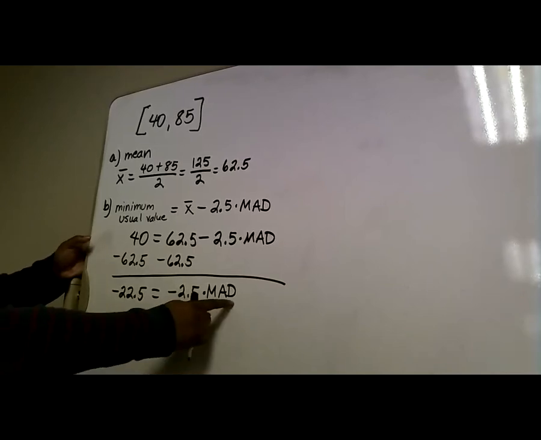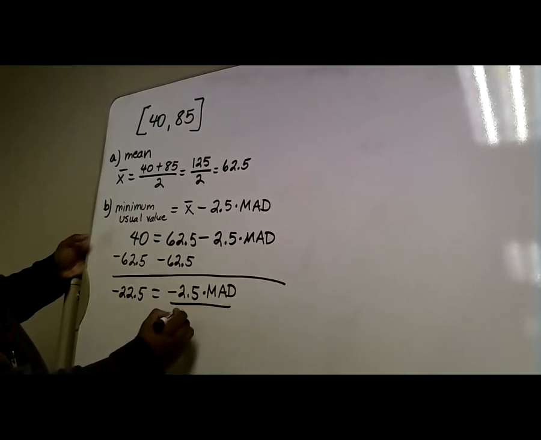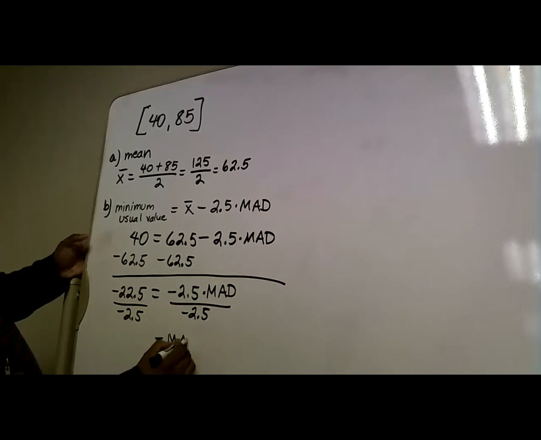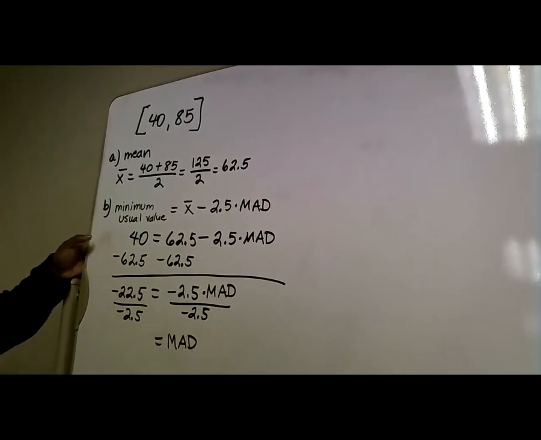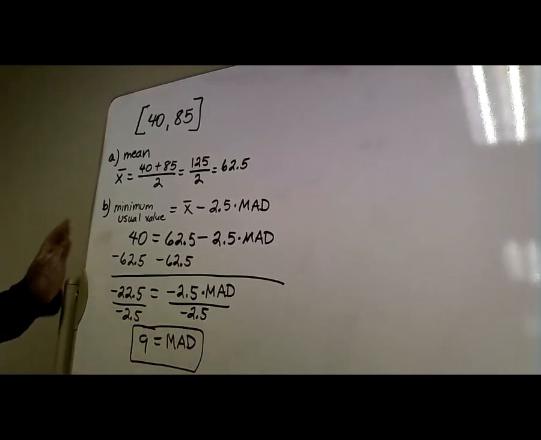And to get the mean absolute deviation by itself, we're multiplying by negative 2.5, so let's divide both sides by negative 2.5. So that means the mean absolute deviation will have to be 9. So the mean absolute deviation for this would be 9 based on that.